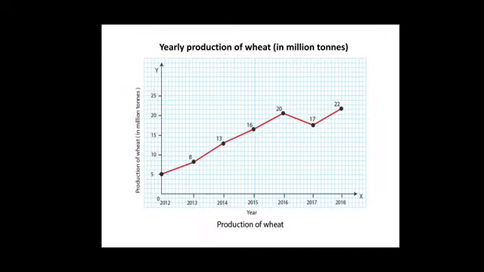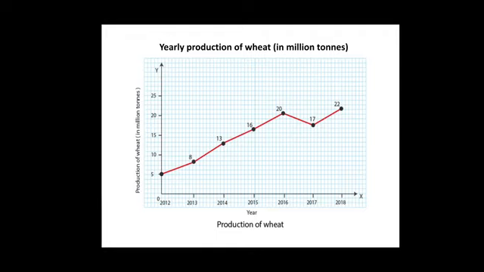Just follow the rules explained in our previous slides. Indicate the independent variable, which is time period in terms of years like 2012, 2013 and so on, on the x-axis, and take the production of wheat, that is the dependent variable, on the y-axis.